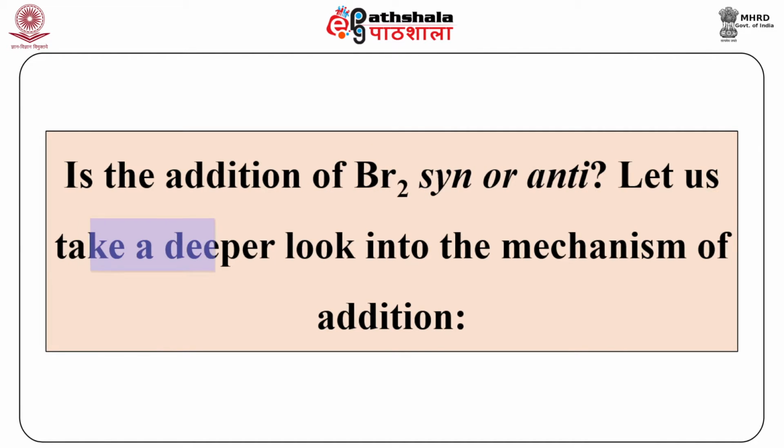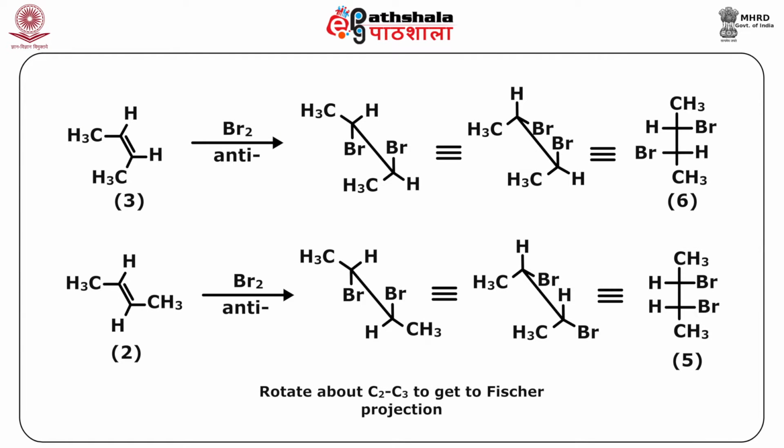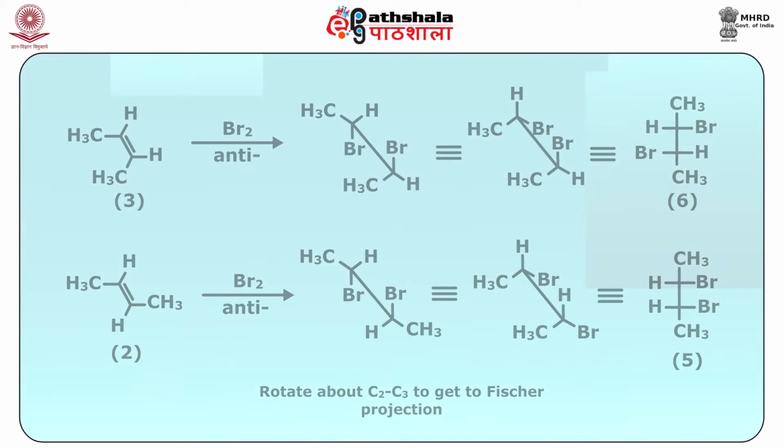Let us look deeper into the mechanism of addition. As can be seen, the bromine adds to the alkene system in an anti fashion, leading to the formation of the desired products. In determining whether a stereoselective addition is syn or anti, you cannot simply look at the Fischer projections. Remember, it is often necessary to rotate about the carbon-carbon bond to get a molecule into the conformation that corresponds to the Fischer projection.